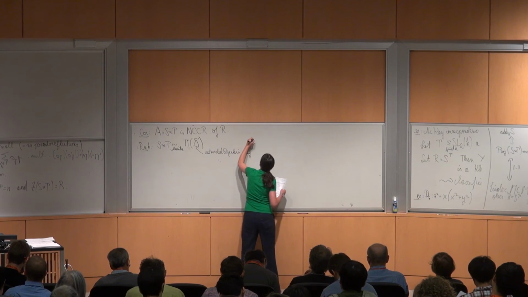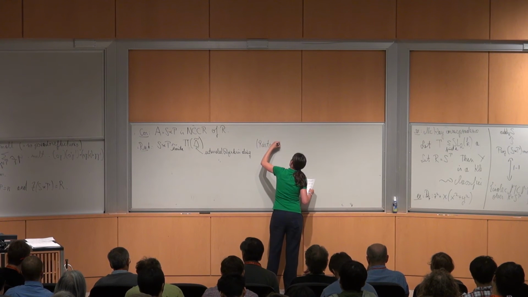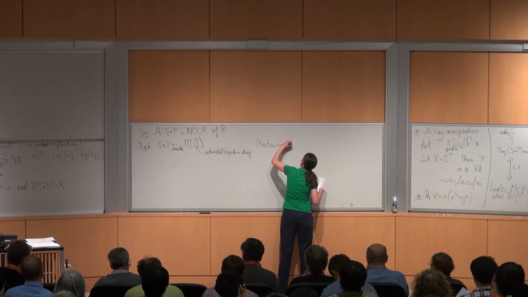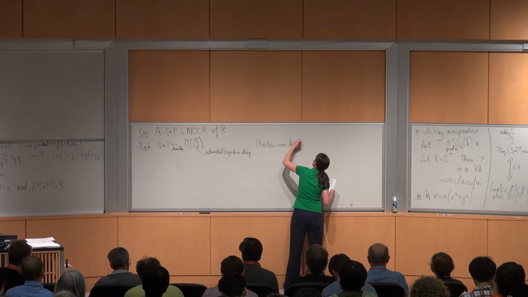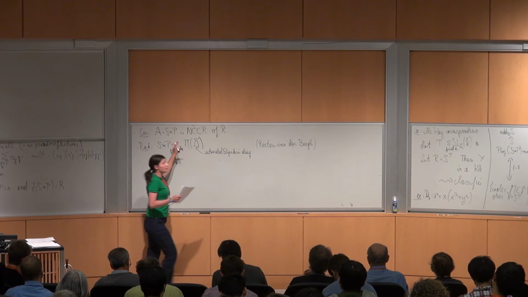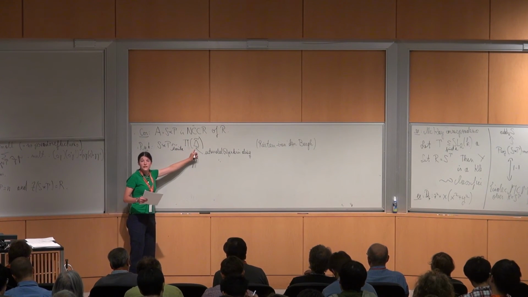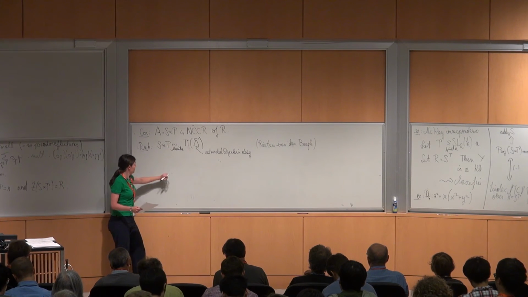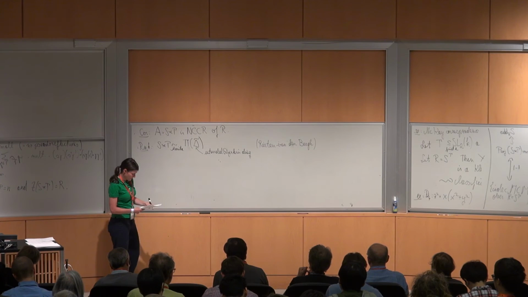So this is work by Reiten and Van den Bergh. So it has a nice algebra structure, and we know if we have a pre-projective algebra, we know what the relations are, so we just have the pre-projective relations there.